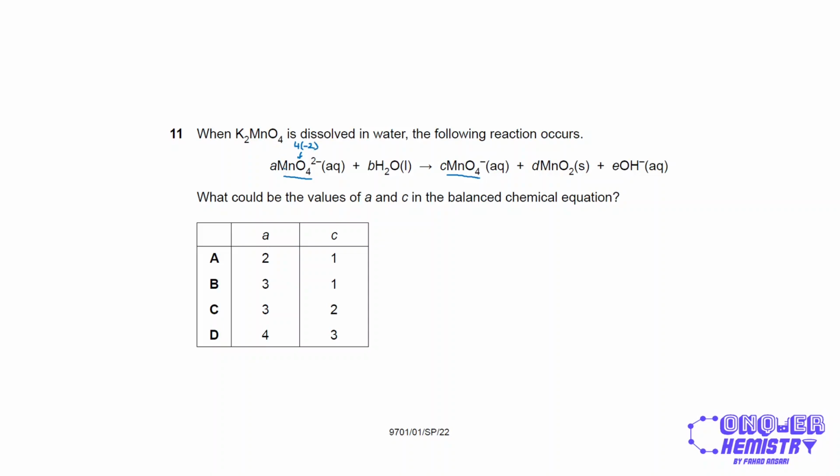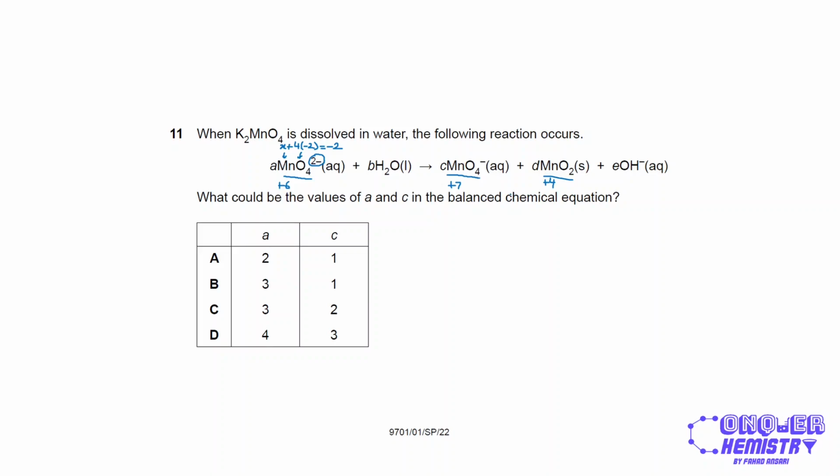And over here for Mn, this will be a simple X, which you add to this, and this will give us a sum of -2 for the ion. So this actually gives us +6. And we could do similar sums for MnO4⁻, which was going to give us +7, and MnO2, which is going to give us +4 for the Mn in this particular compound.